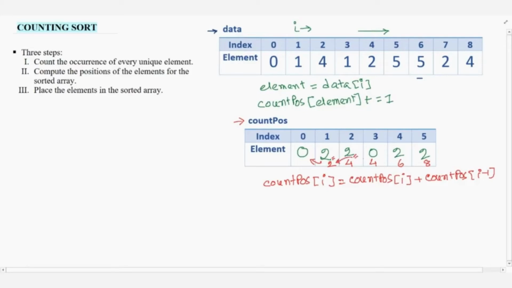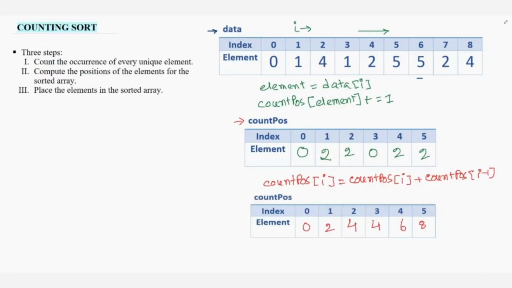And similarly, we have computed 4 plus 0 equals 4, 4 plus 2 equals 6, 6 plus 2 equals 8. So remember, this 8 represents the last occurrence of 5. And once we place 5 at position 8, we will decrease 8 to 7 as we discussed in the earlier slide. And now the count position array represents the position of the elements for the sorted array.